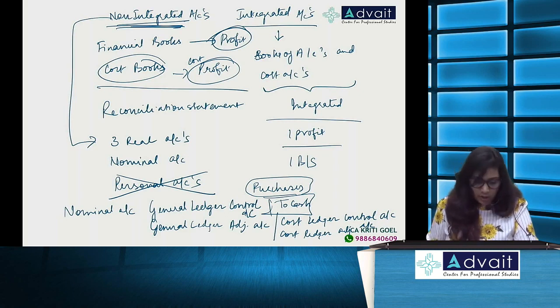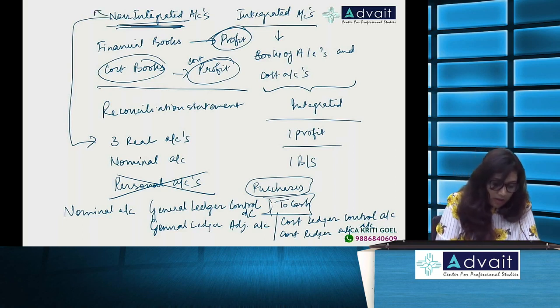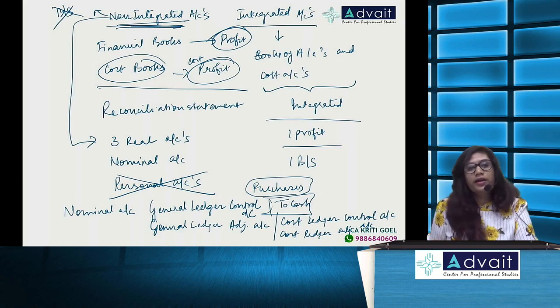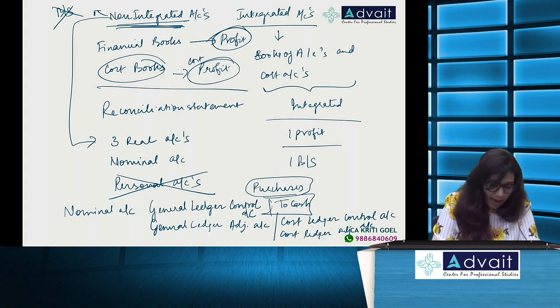Okay, so naturally I don't have personal accounts. I have only 3 real accounts. It is not possible to have a balance sheet in non-integrated accounts. I will not have a balance sheet. What will I show in my balance sheet? I don't have any assets to show. Correct? So at most I will have a trial balance.